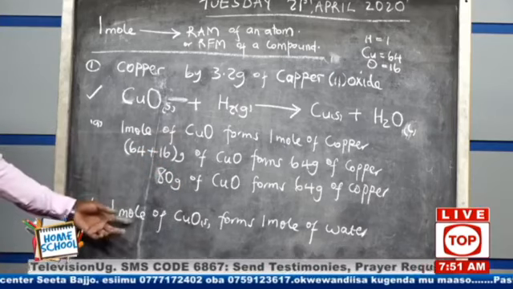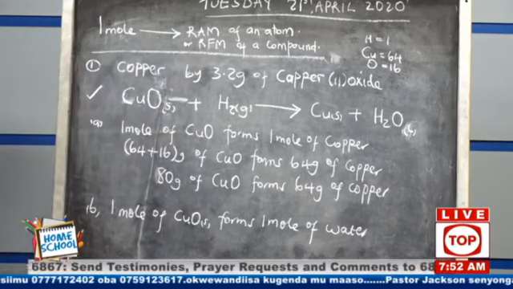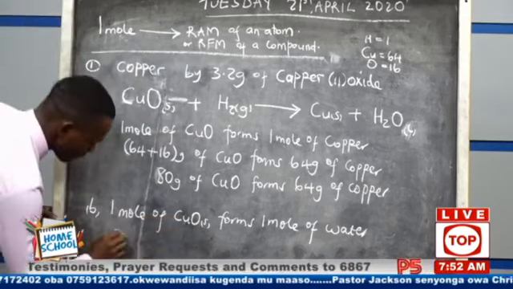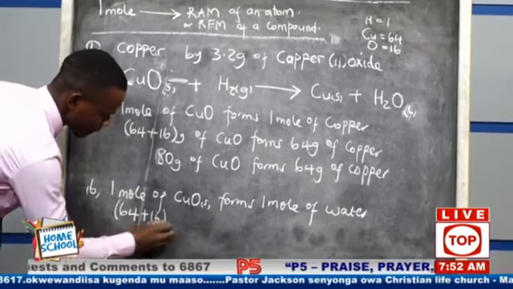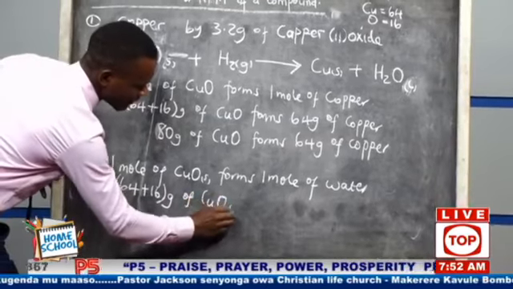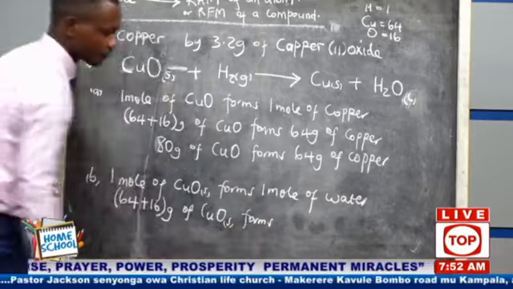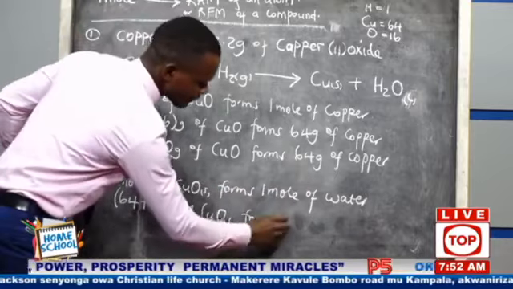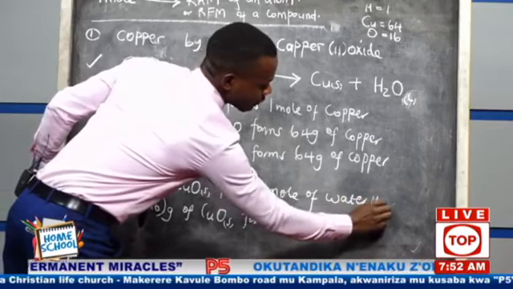We said once you have the number of moles, then you can change them to grams. And we say this one is 64 plus 16 grams of copper oxide solid forms 1 mole of water, which is what? Water is H2O.